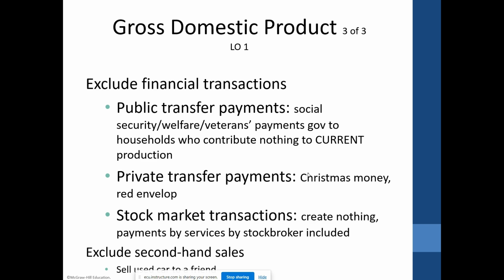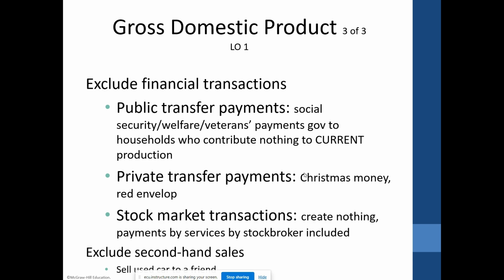Please note that the government pays Social Security or welfare or veterans payments to households that contribute nothing to current production. Besides, other than the service provided by the stock brokers, stock market transactions produce nothing.